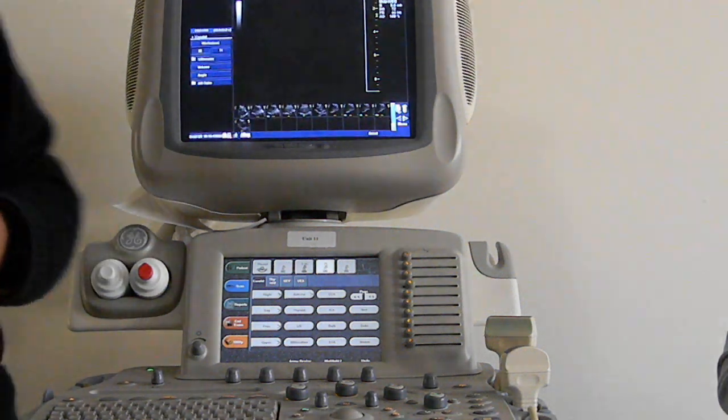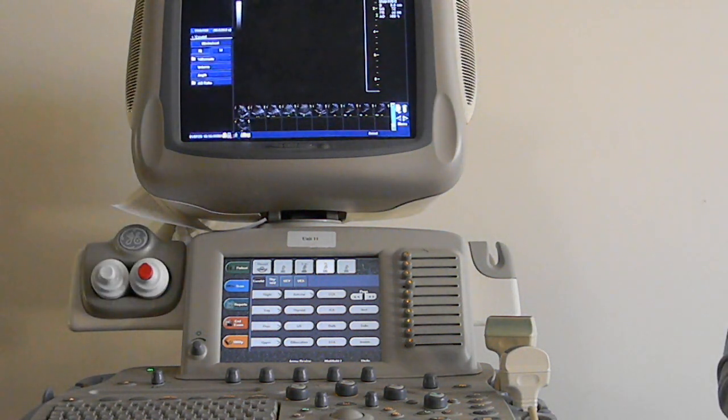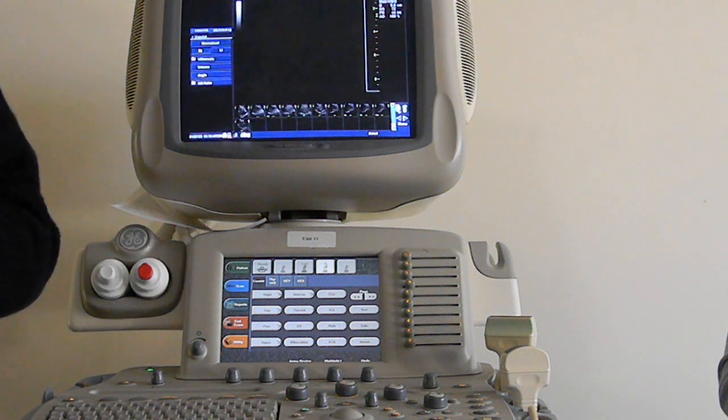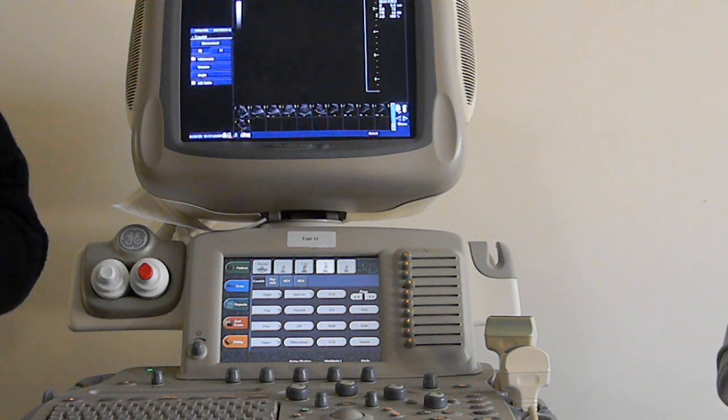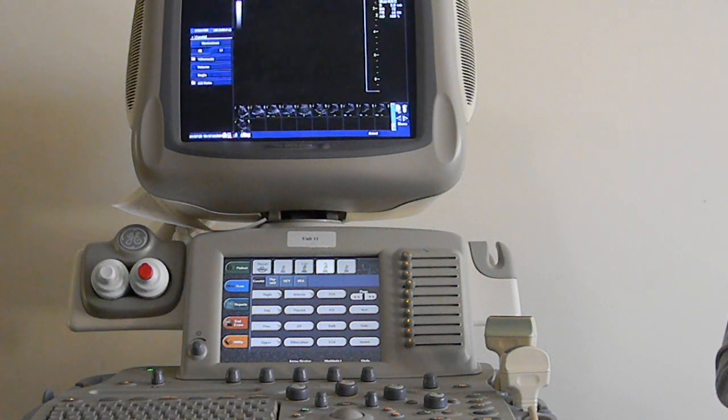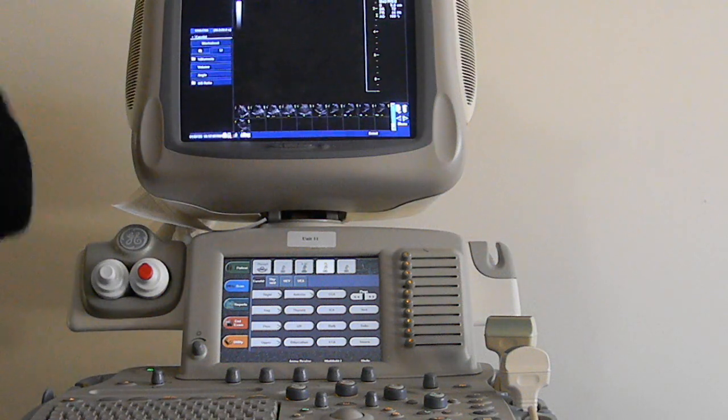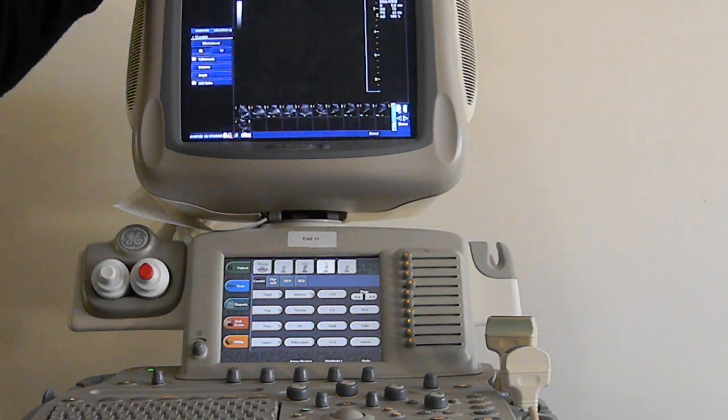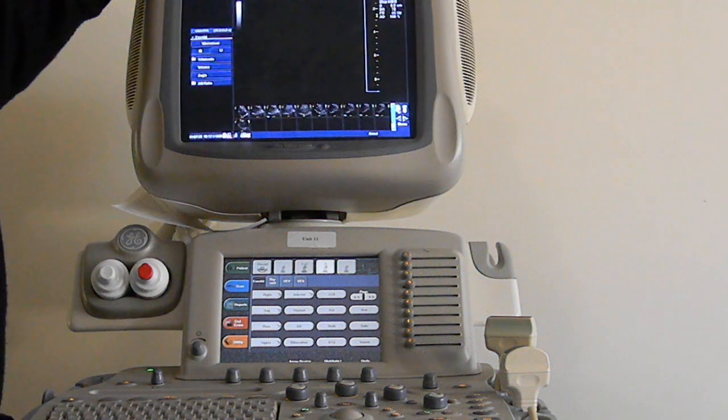Swept, like you sweep, you swept. Compensation. And we may just simply call it compensation. So forget about the time gain or depth gain, it can also be simply referred to as compensation. Did you girls get that? Any questions?